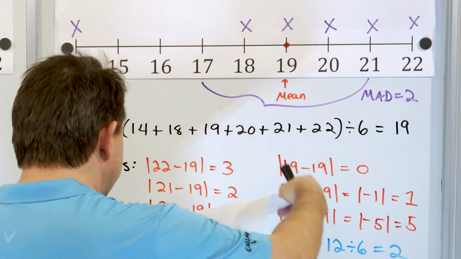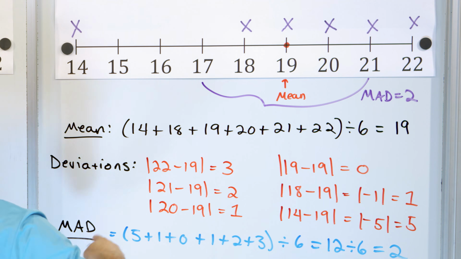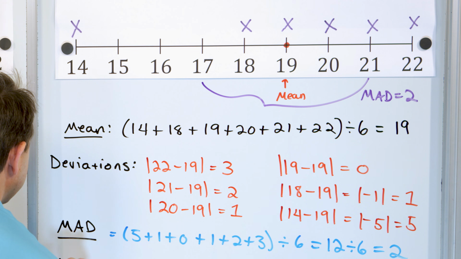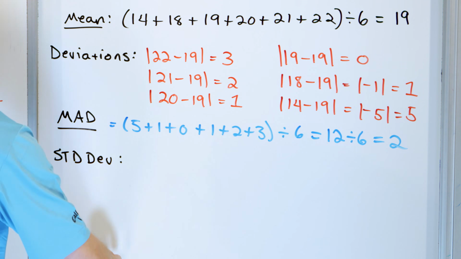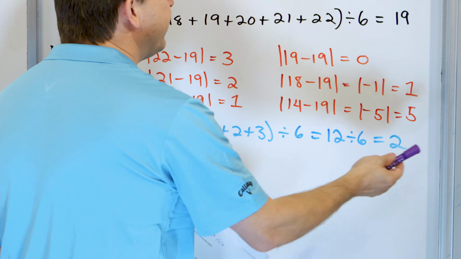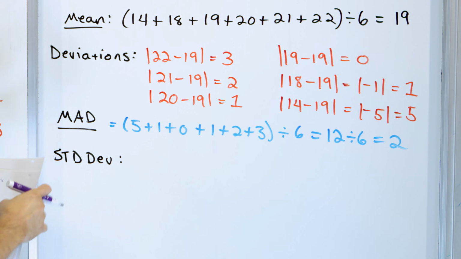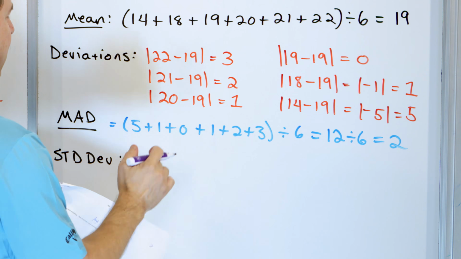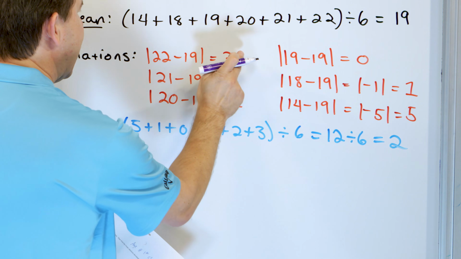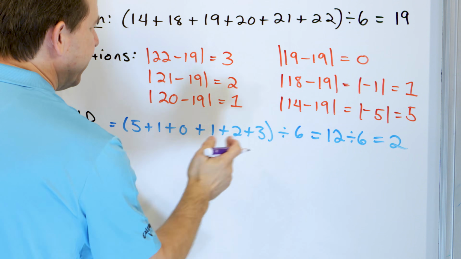All right, so let's do the same little exercise over here, the standard deviation. So we have all of these deviations that we've calculated, 1, 2, 3, 0, 1, 5. Those are the distances from the mean. Let's square them all and then average them instead of just averaging them like we did here. So what we will have is we will have 3 squared. Let me go in the same order.